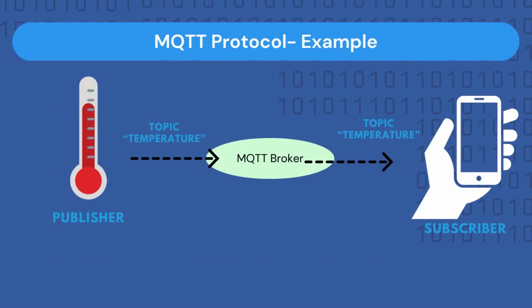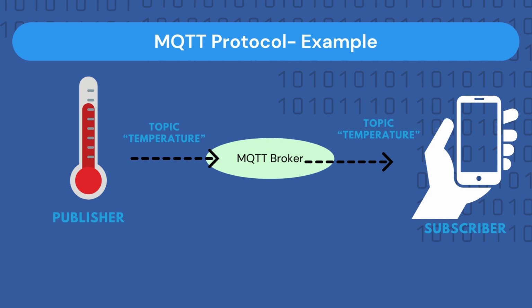Let's take an example to further understand what we've just said. Let's say that we're trying to monitor the temperature of your living room. So we will have a sensor that is connected to a microcontroller that will act as a publisher, which aims to publish the temperature readings to the MQTT broker or server.